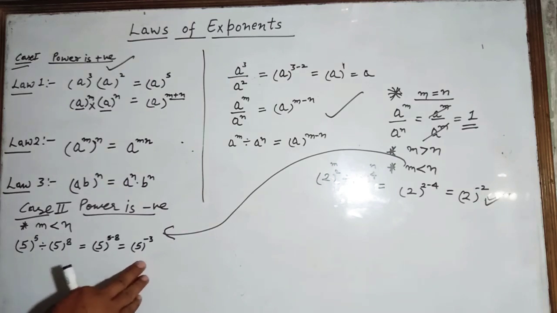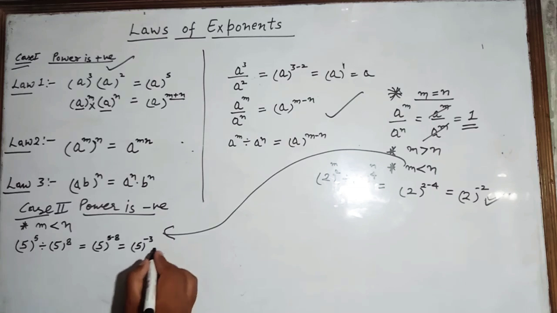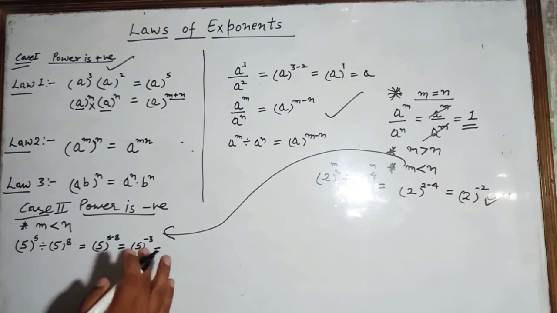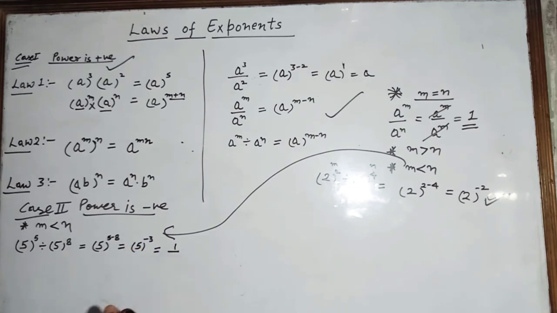So how can we write this negative power? We can represent it as, see, whenever the power is negative we will put it in the denominator, that is 1 upon 5 to the power 3. So we can write 5 to the power minus 3 as 1 upon 5 to the power 3.